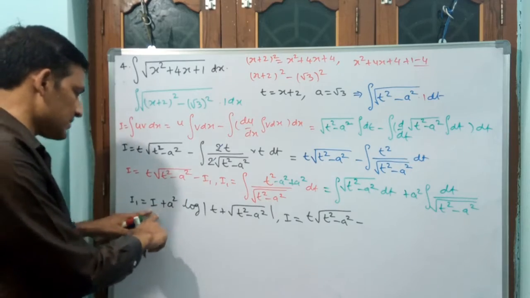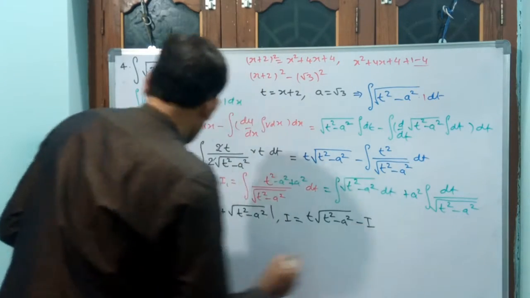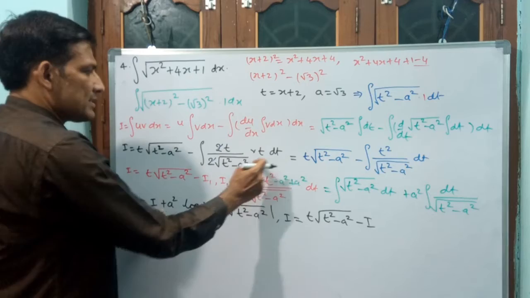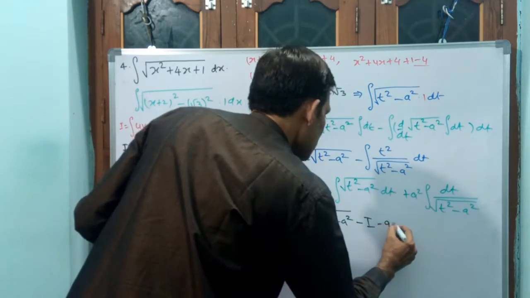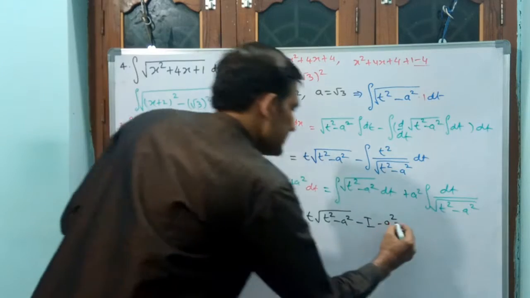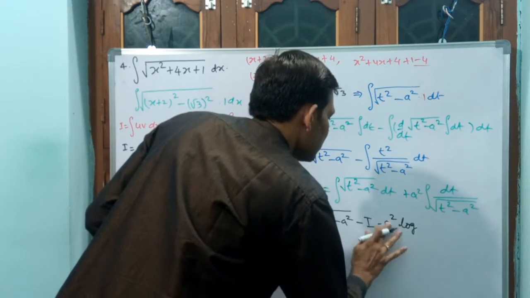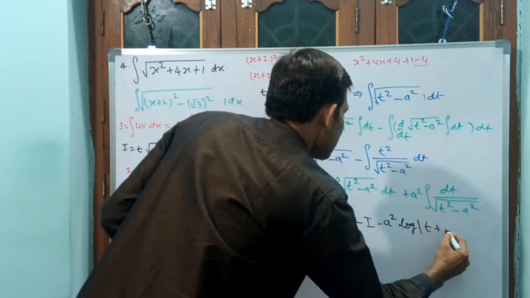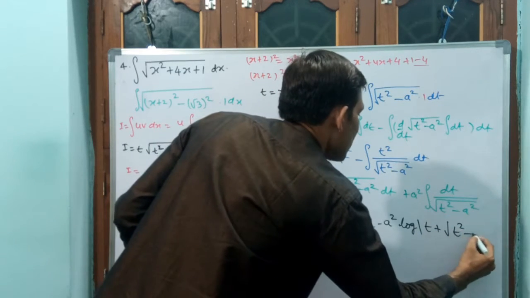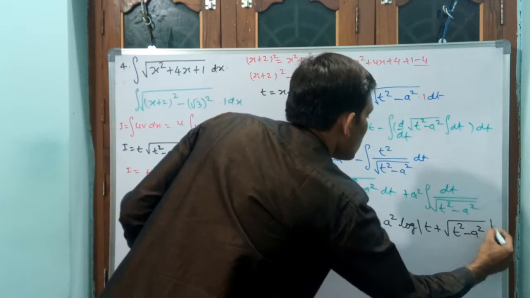I1 is what? Minus I. Okay. Again plus is there, outside minus is there. Minus. That means again minus a square log modulus of t plus square root of t square minus a square, modulus close.